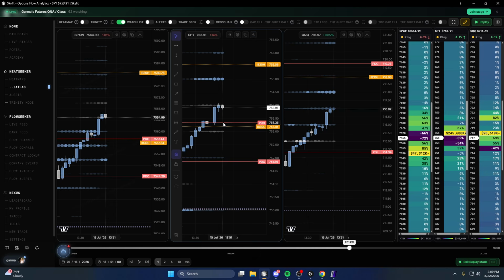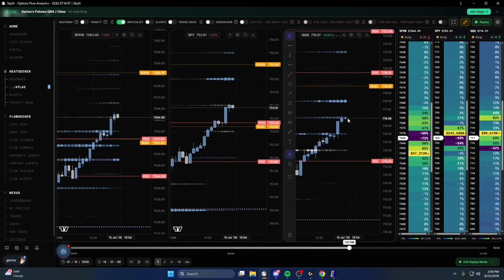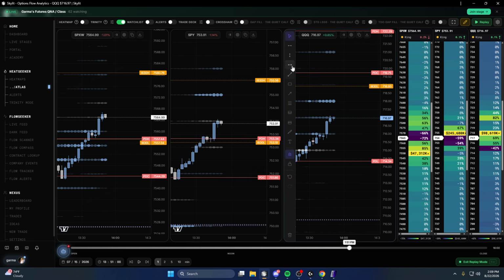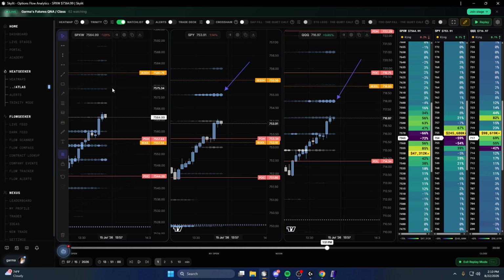Now you do have a rug setup on SPY, which I think is what's gonna ultimately stop the upside. So that's what I'll be looking to play. This is the short I want. 718 on QQQ, 718 here. SPY, rug setup at 755. SPX, rug setup right here.